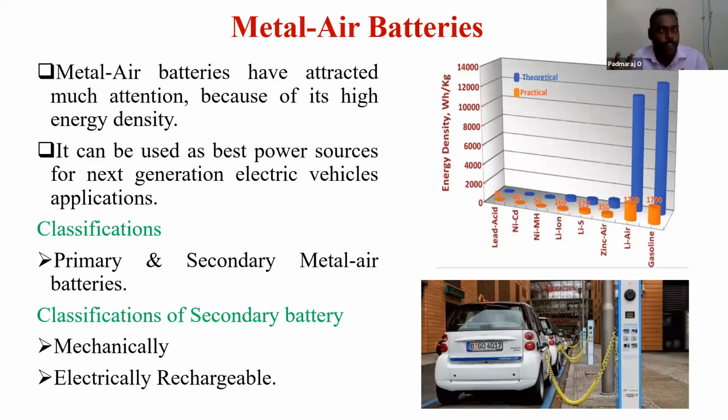So how can the secondary batteries be classified? Mechanically rechargeable and electrically rechargeable. Mechanically rechargeable means we manually replace the anode as well as the electrolyte. Suppose we have one container with the anode, electrolyte, and air cathode.